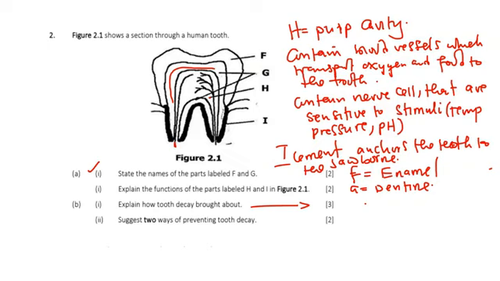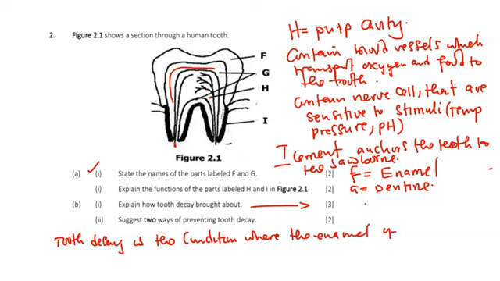Tooth decay is just a condition where the enamel of the teeth is corroded. So I've just defined what tooth decay is, but the question is explain how it occurs.